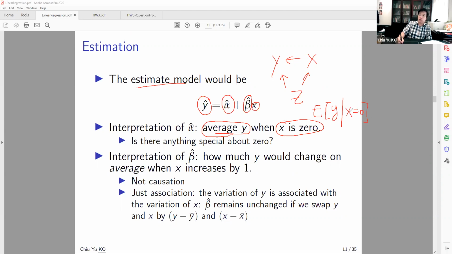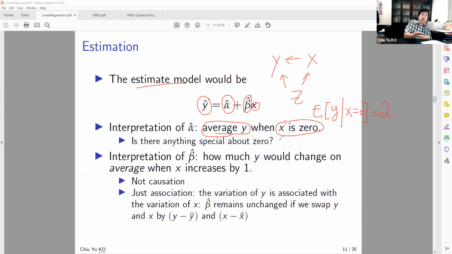That is exactly what alpha hat means. And this is only meaningful when X has values around 0. If most of the data is above, say, 1000, then X near 0 doesn't mean anything.